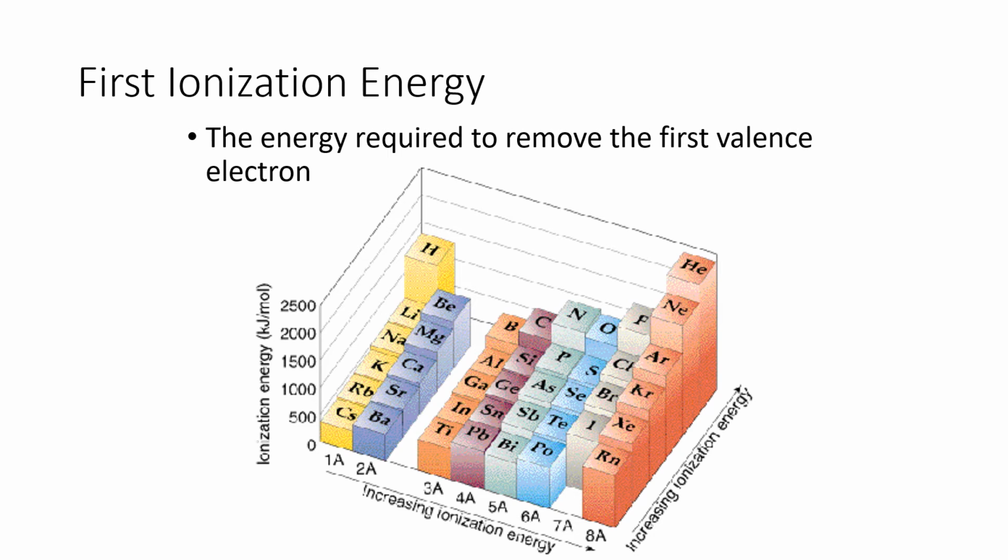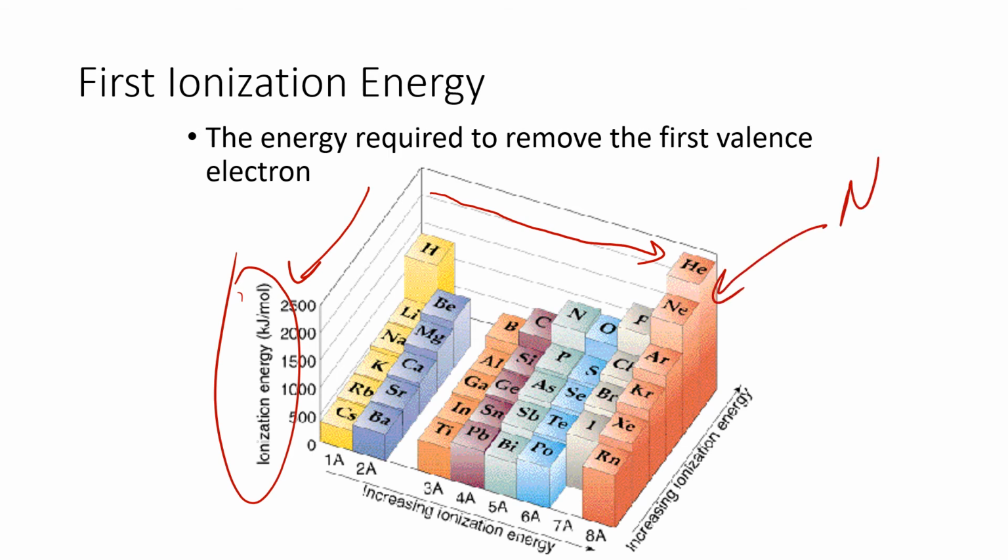First ionization energy is the energy required to remove the first valence electron. If you notice, going across, it increases. Going down, it decreases. This is in kilojoules per mole. Notice that you have your noble gases back in here. So why would these have the highest first ionization energy?